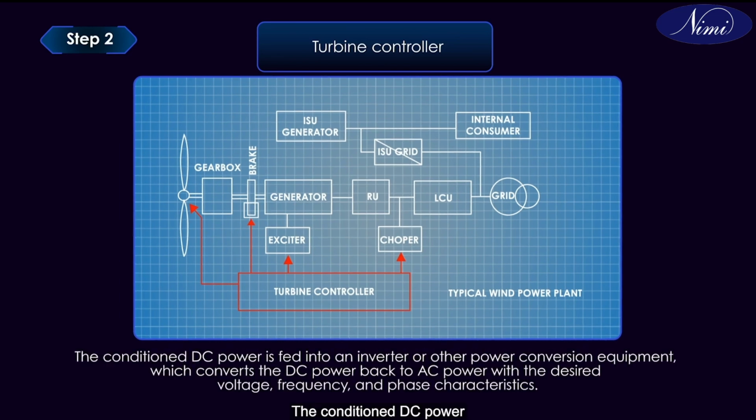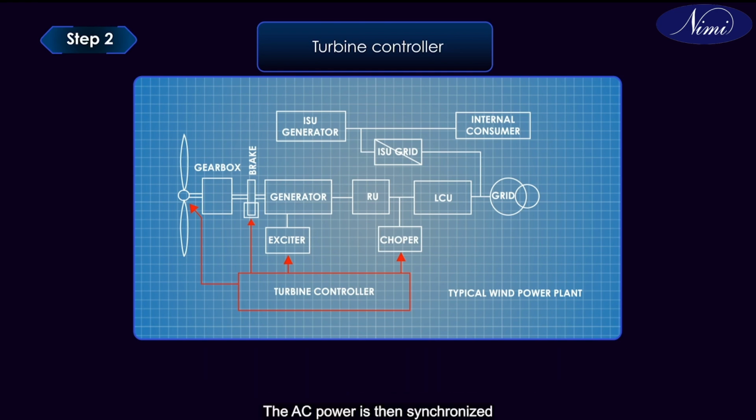The conditioned DC power is fed into an inverter or other power conversion equipment which converts the DC power back to AC power with the desired voltage, frequency and phase characteristics. The AC power is then synchronized with the grid and transmitted for distribution to consumers.